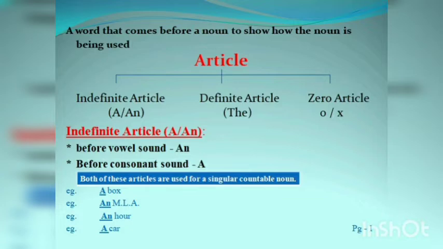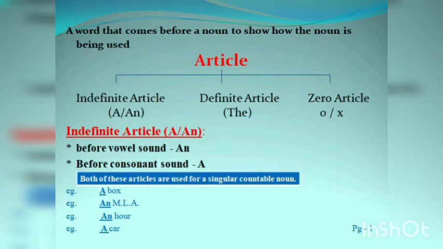If the sound is vowel we use an, and if the sound is consonant we use a. Both of these articles are used for a singular countable noun. So in short we can say a or an is the abbreviated form of one.